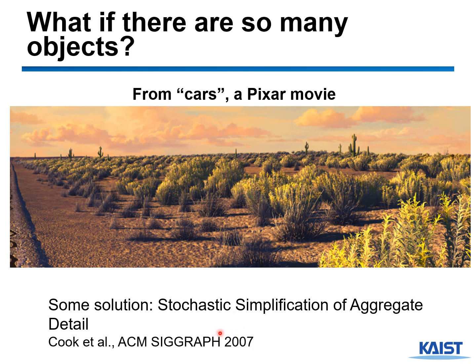This approach applies some sort of simplification of the aggregate details. Basically, instead of drawing many leaves, they randomly cull some of the leaves, and then they accelerate the rasterization process. They call it stochastic simplification.